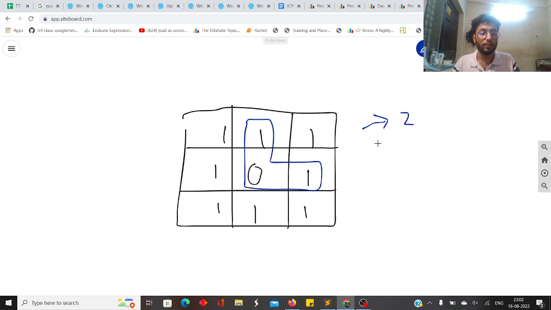In this case, suppose I start with this L-shaped element that contains the zero. In the first step I would lose out on this 0 and on this 0.